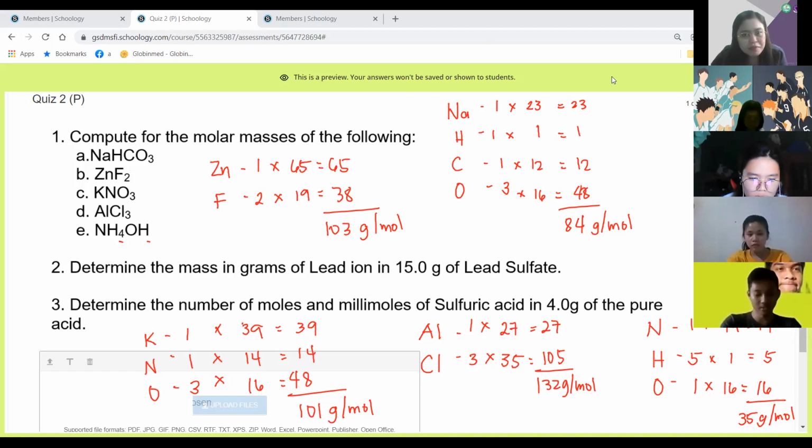So you should not be seeing any decimal in our answers for number 1 only, but for number 2 and number 3, the atomic weights will still be in whole number, but you can have the decimal in the answer. Okay?